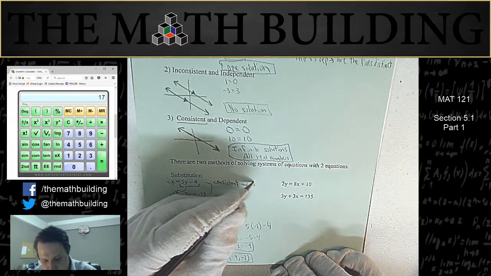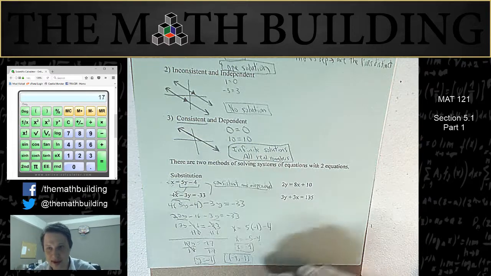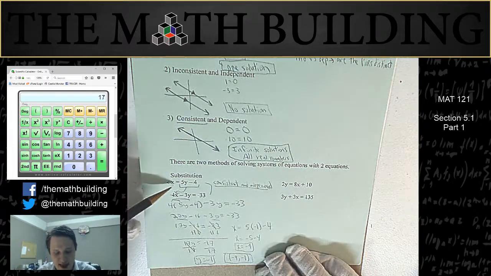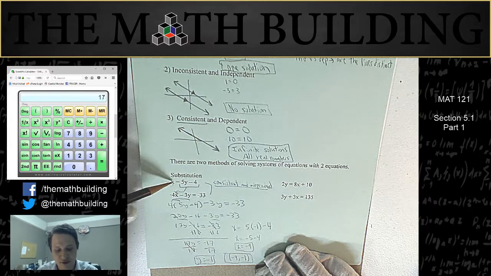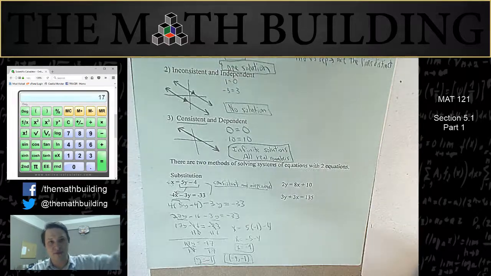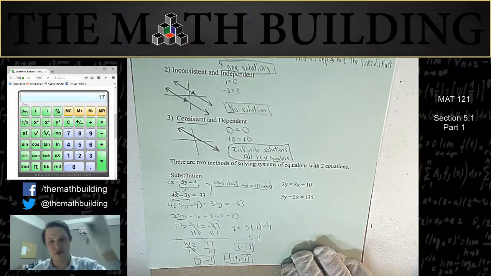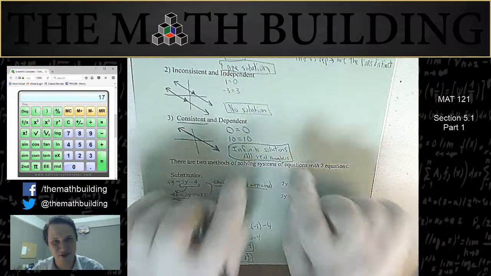Let me show you one trap you can fall in. It's really important that when you're substituting a variable into another equation, you never substitute the same thing into itself. If you substitute the same thing into itself, it creates a circular argument and you get infinite solutions every time. So don't make that mistake.